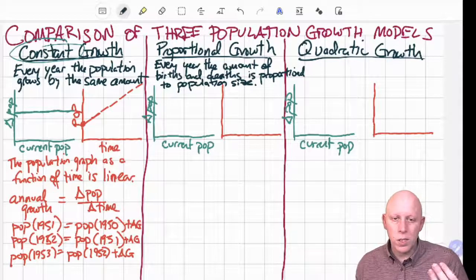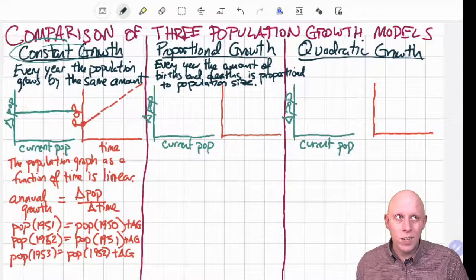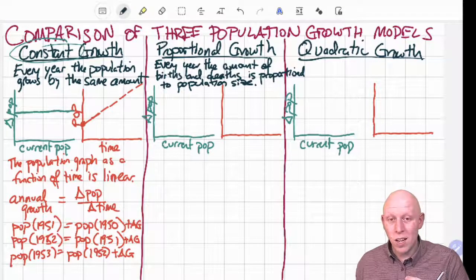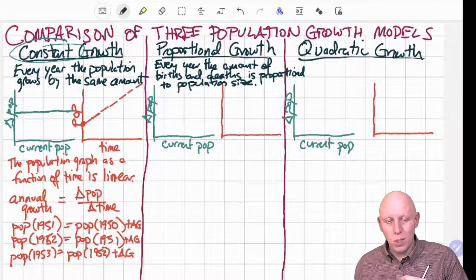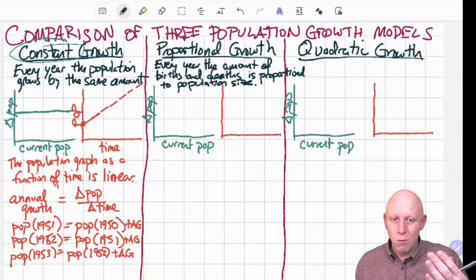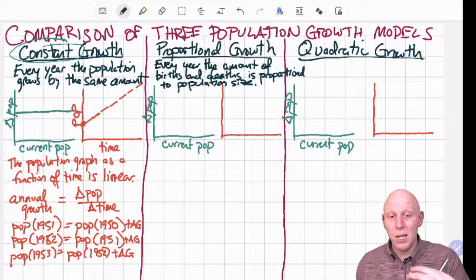So in other words, if we have 1% of the population, if we have a population of size 1,000 and we have 10 people born, then if we change the population to 10,000, we might expect 10 times as many, so 100 people to be born.